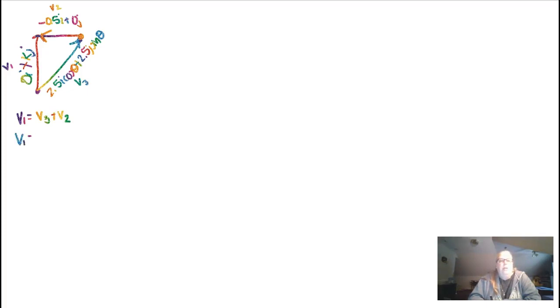Well, v1 is equal to v3, which we said was 2.5i times the cosine of theta plus 2.5j times the sine of theta. And then v2, we said that was -0.5i plus 0j.